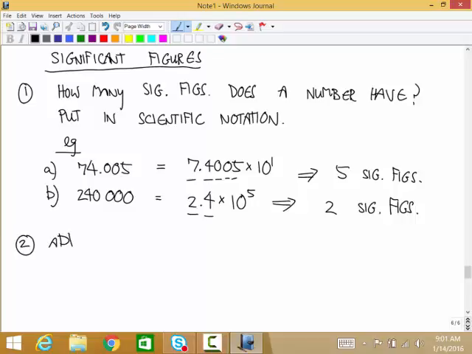Okay, so now the operation rules. Anyone remember what you do to the significant figures of the sum or the difference when you add and subtract? The answer has how many significant figures? How do you figure that out? As many as to the last place of the less accurate one?